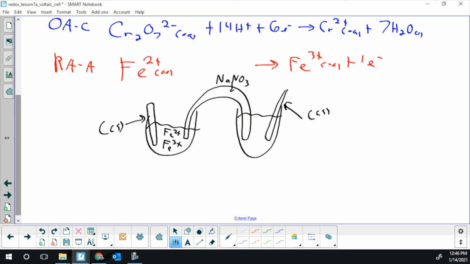I'm leaving out the aqueous because I don't have a lot of room to write. In our other beaker, we have dichromate, Cr2O7 2-, and H+. I'm going to need an external circuit, so I have to connect a wire from one electrode to the other.